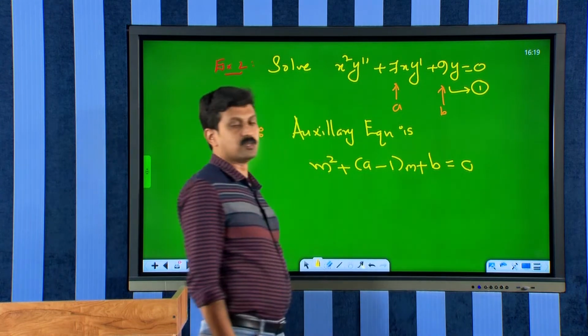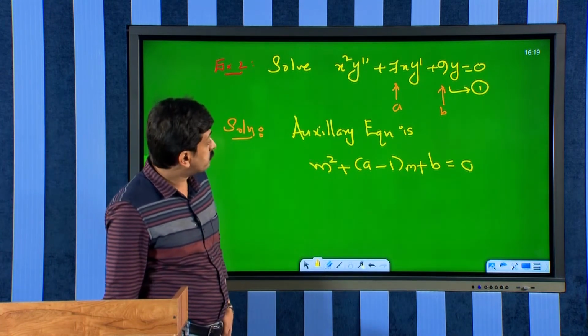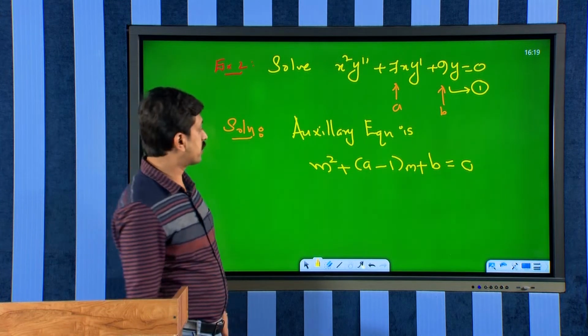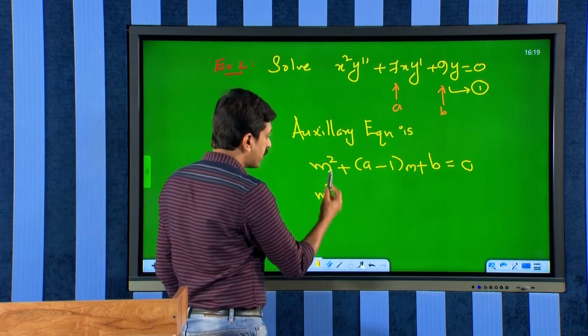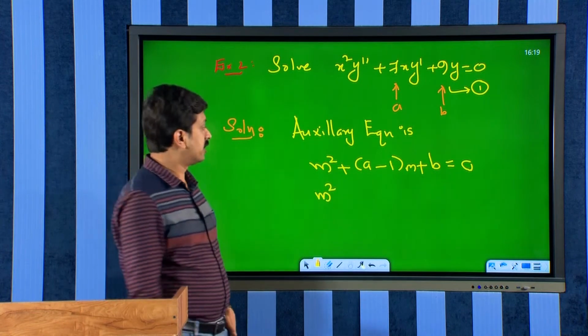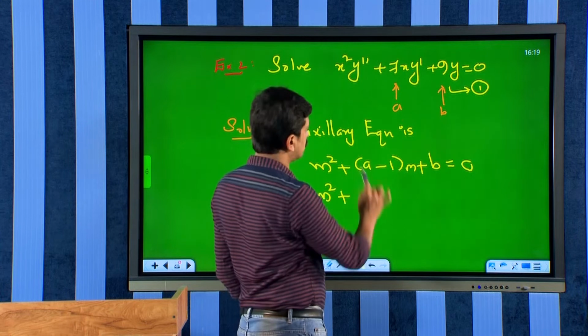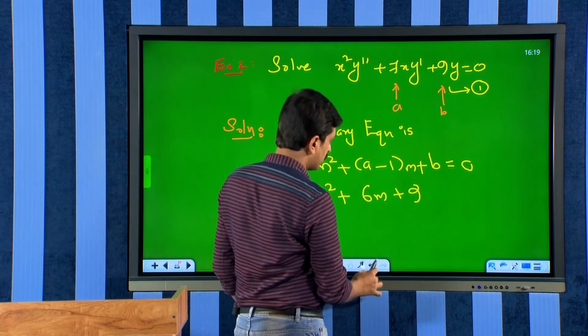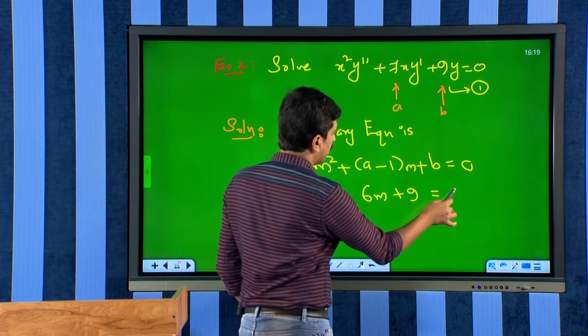The value of a is equal to 7, so we can replace the values. Therefore, the auxiliary equation is m square plus (7 minus 1) m, that is 6m, plus b, which is 9, equal to 0.